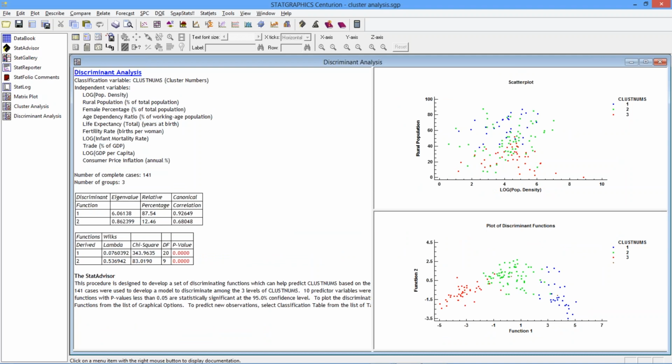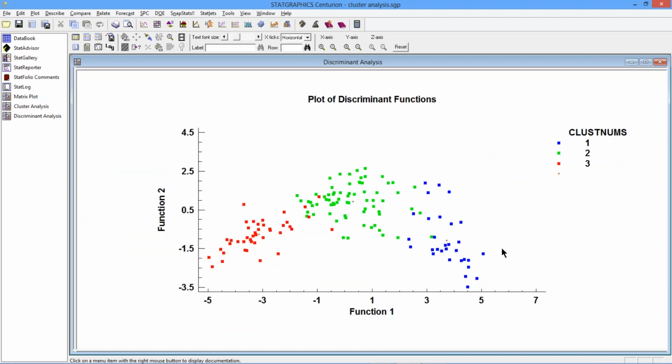And what the discriminant analysis will do is it will come up with two what are called linear discriminant functions. Two linear combinations of my 10 variables that best identify which cluster each of the observations belongs to.